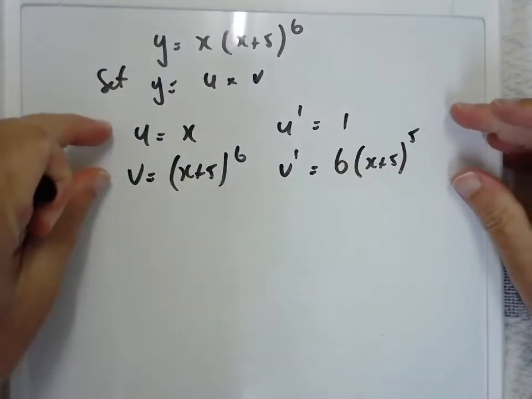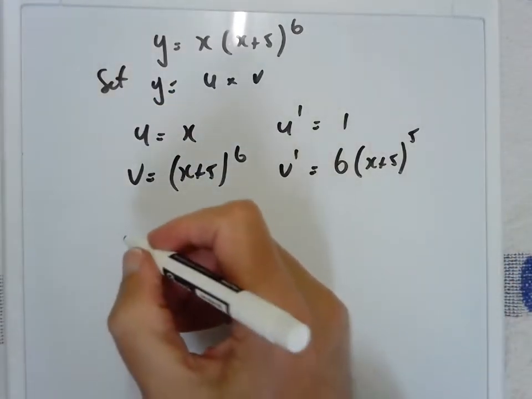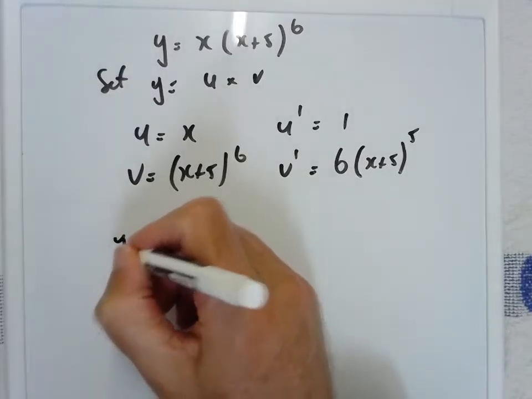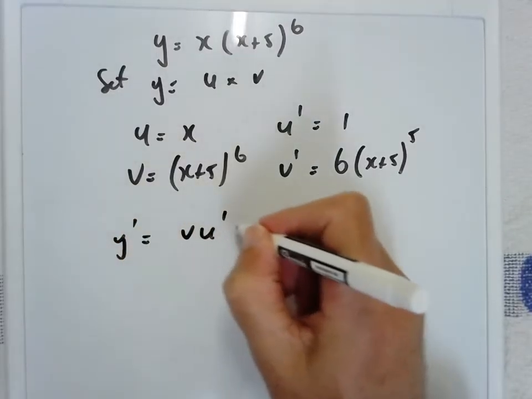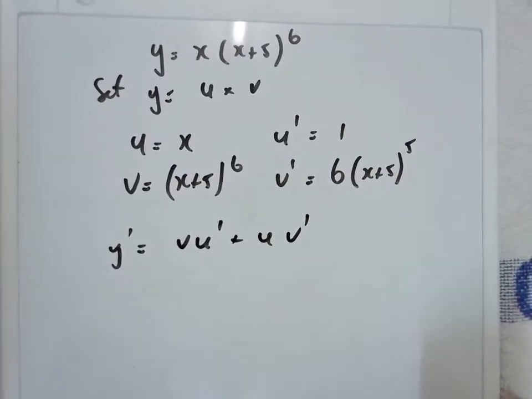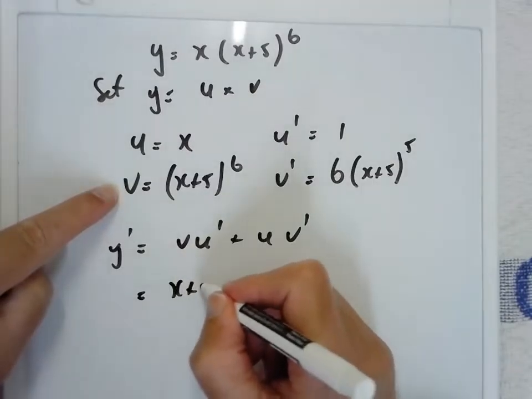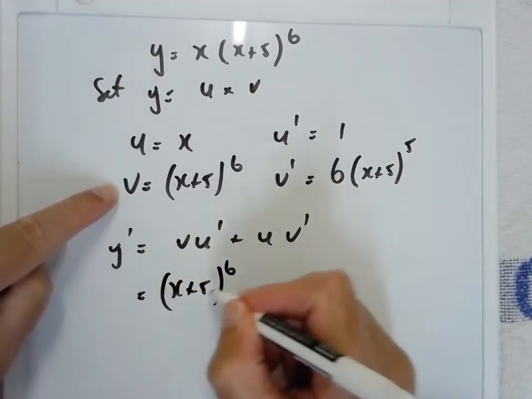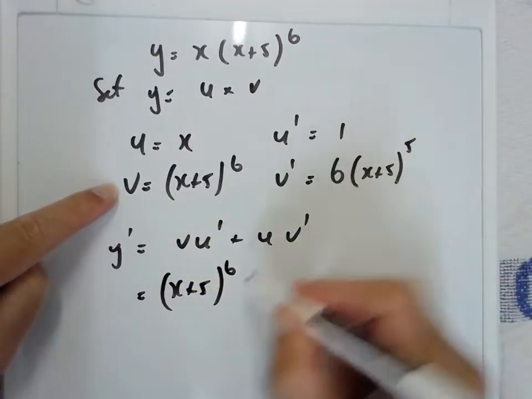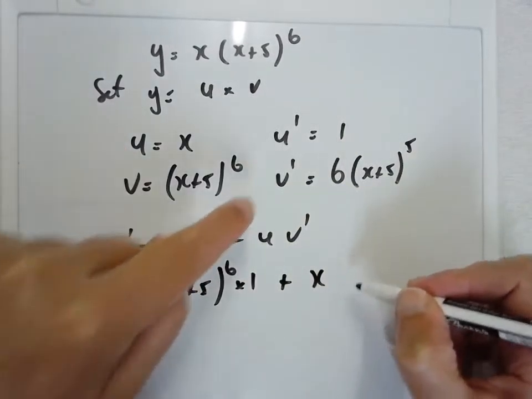Okay, so now that we've got u, v and u dash, v dash, we're back to our product rule. So our product rule is just y dash equals v u dash plus u v dash. And I've got that v u dash plus u v dash.